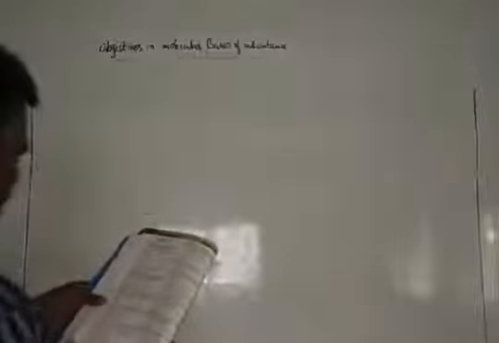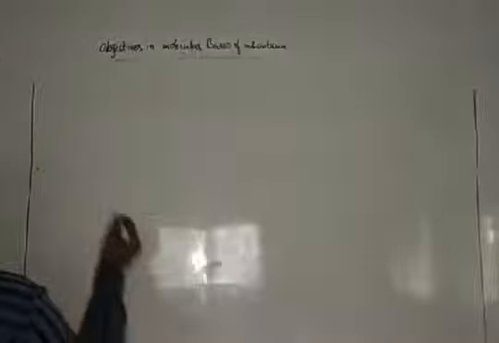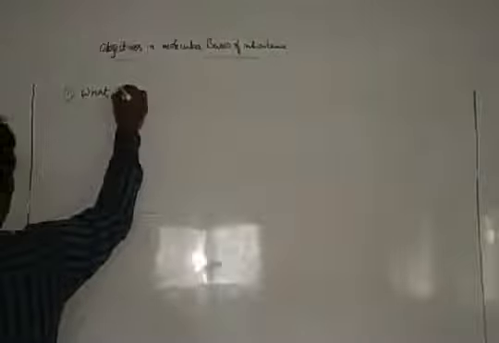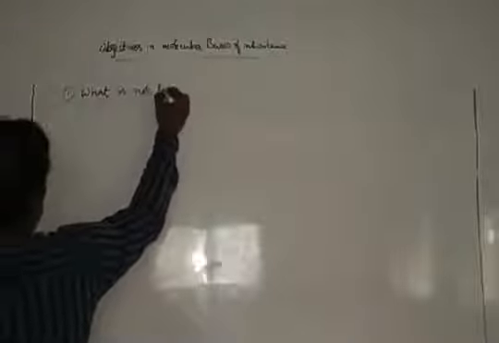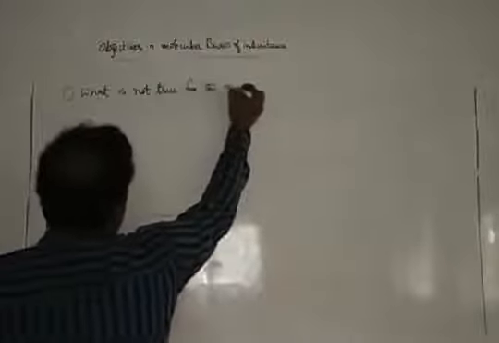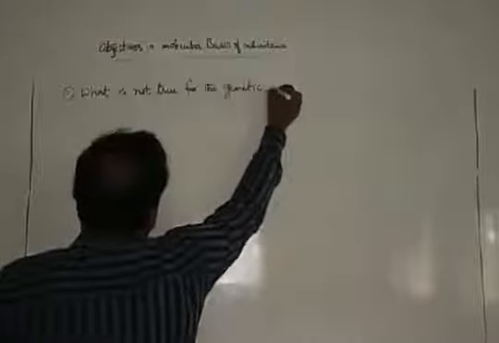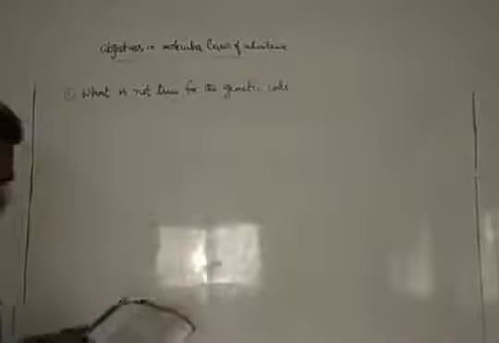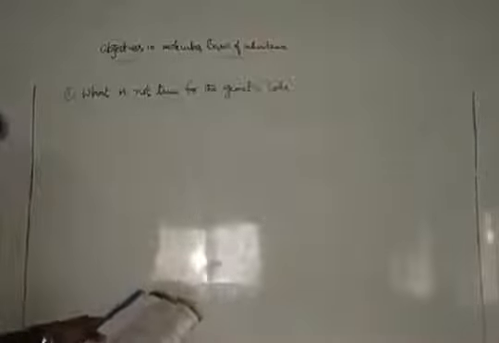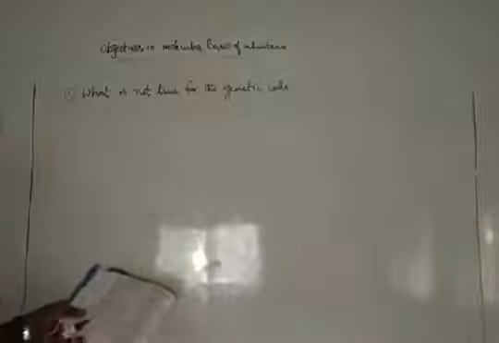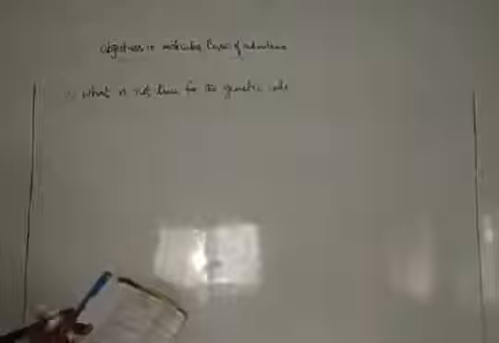What is not true for the genetic code? There are some genetic code characters given here, and they are asking which option is not related to the characters of the genetic code.